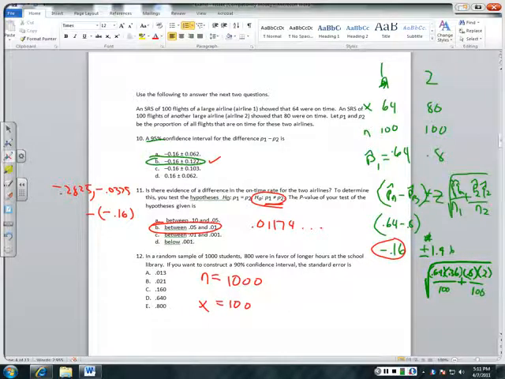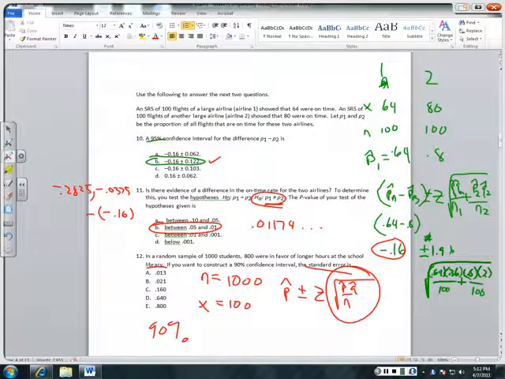We want to do a 90% confidence interval, but we just want to get the standard error. Remember, if we're doing a confidence interval for one proportion, that's the qualitative variable. They're either in favor or they're not. So it's going to be p hat plus or minus z times the square root of p hat q hat over n, and it's just asking for this part, the standard error. And p hat is going to equal, what did I put here? This should have been 800 out of 1,000.